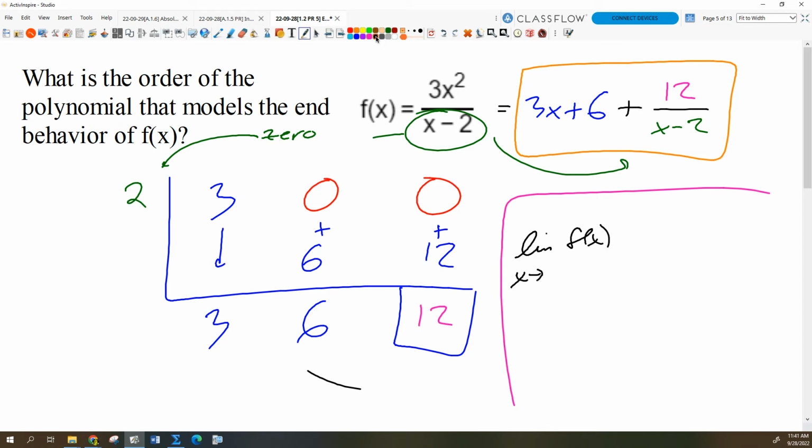Limit of f of x as x approaches plus or minus infinity is the limit of all that stuff, right?